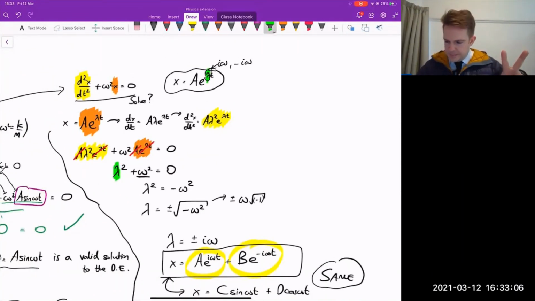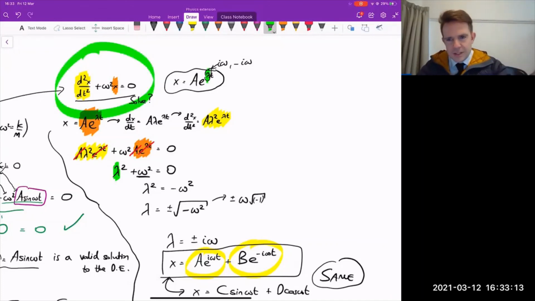One element is that in order to solve Newton's second law for an oscillating mass, you need to use complex numbers. That's number one awesomeness, right? You need complex numbers to solve an oscillating mass with Newton's second law.